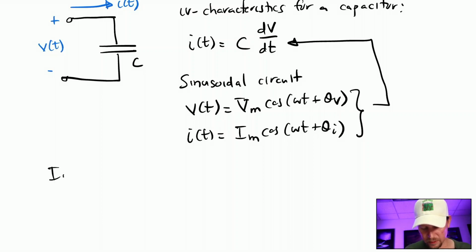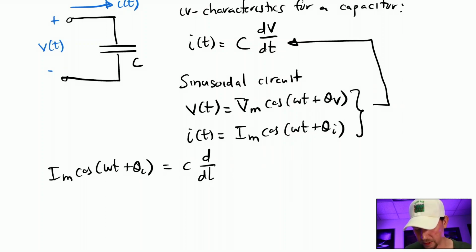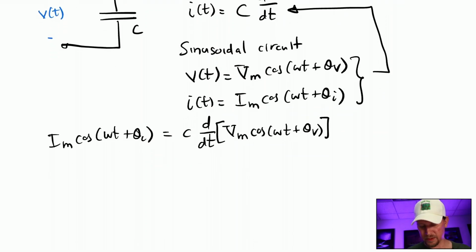Now, on the left-hand side of that equation, I have the current, while on the right-hand side, I have to take the time derivative of V_m times cosine of omega t plus theta_v.